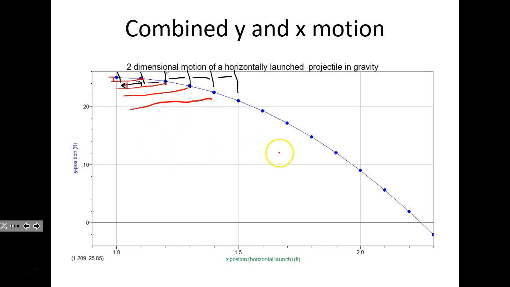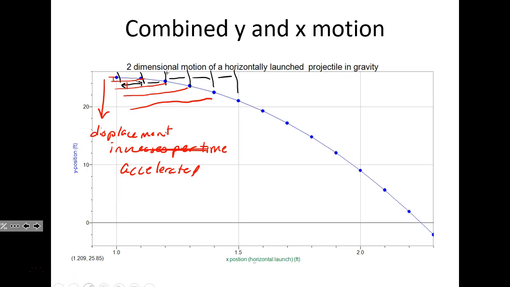It's really hard to draw a straight line here. But what we're finding is that as we go in this direction, displacement increases per time interval. That means we're accelerated.